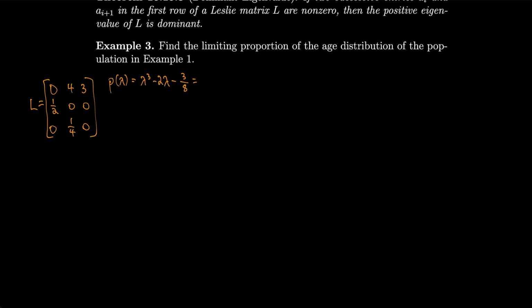And we can factor out 1/8 so that we get 8 lambda cubed minus 16 lambda minus 3, which factors as half times 2 lambda minus 3 times 4 lambda squared plus 6 lambda plus 1.